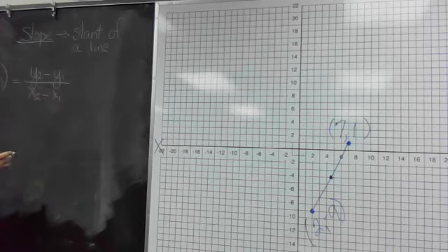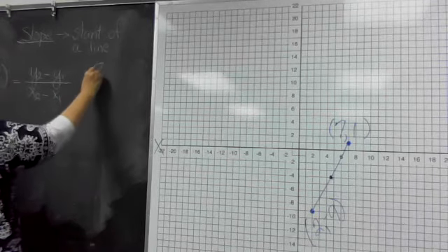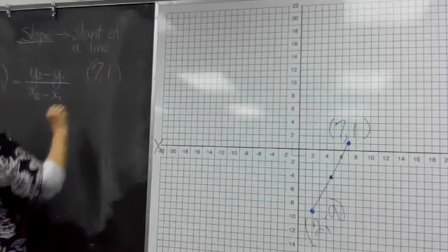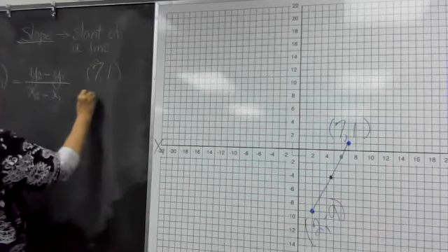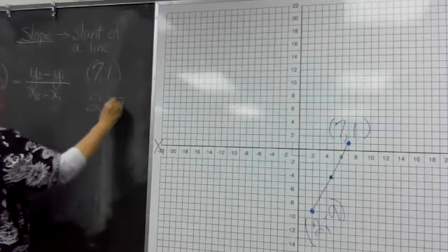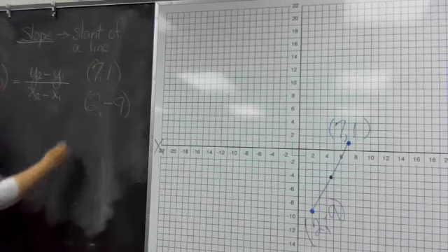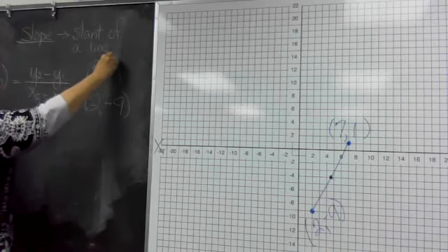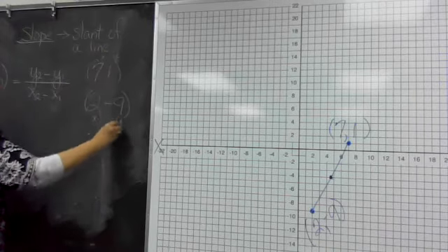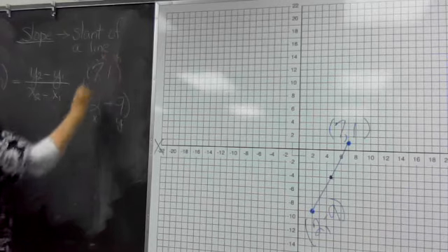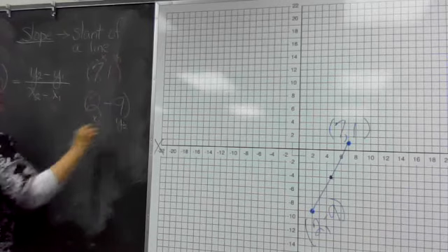That's it for the slope. So the 2 points that we're going to use are 7, 1 and 2, negative 9. Again, this is x and y. This is x and y. These are the 1s. These are the 2s.